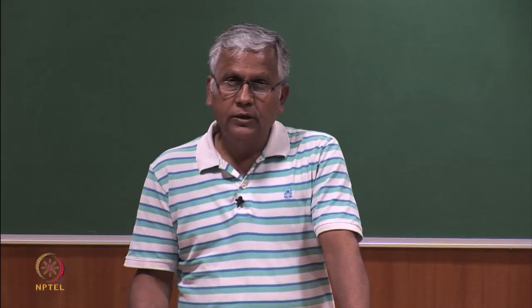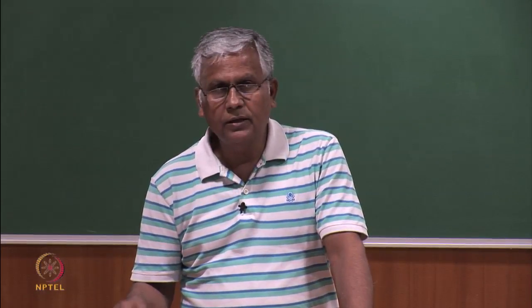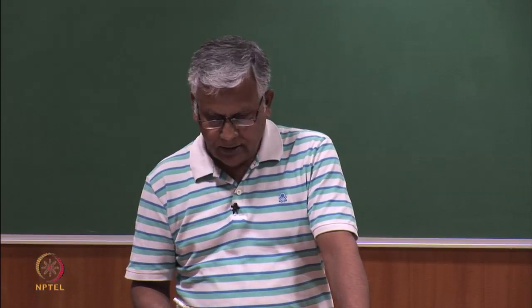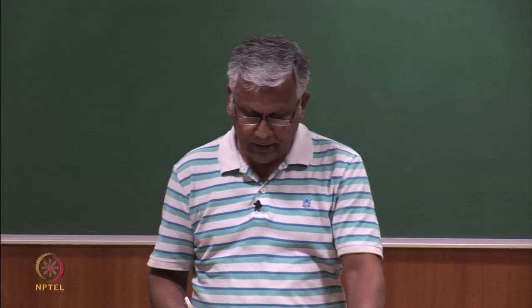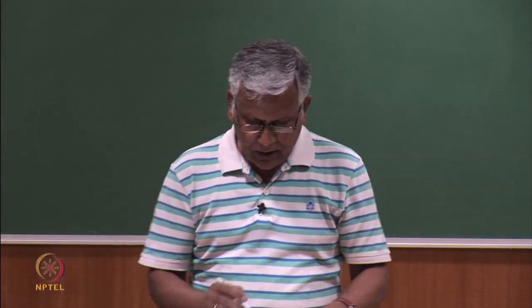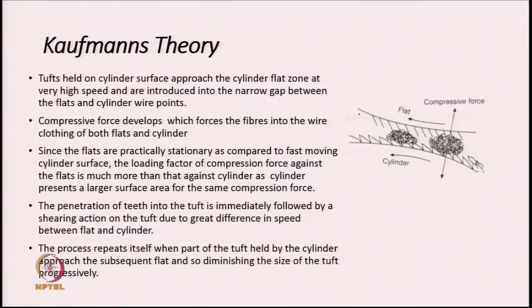Therefore, it was proposed that it is not only the air current that is responsible for opening the fibers or tufts. So, what is it here? The tufts held on the cylinder surface approach the cylinder flat zone at a very high speed and are introduced into the narrow gap between the flat and cylinder. So, from this side, here is a tuft.